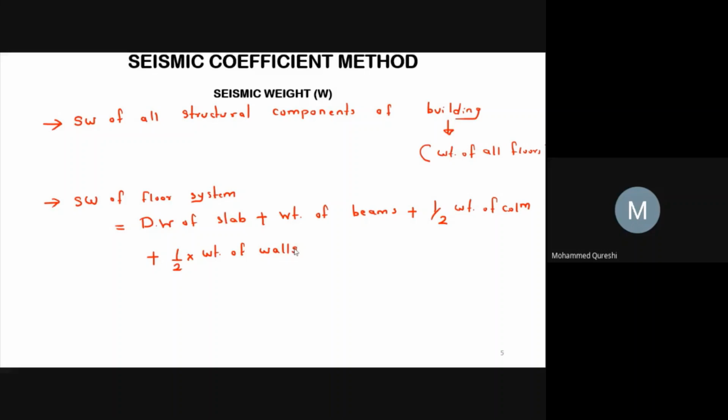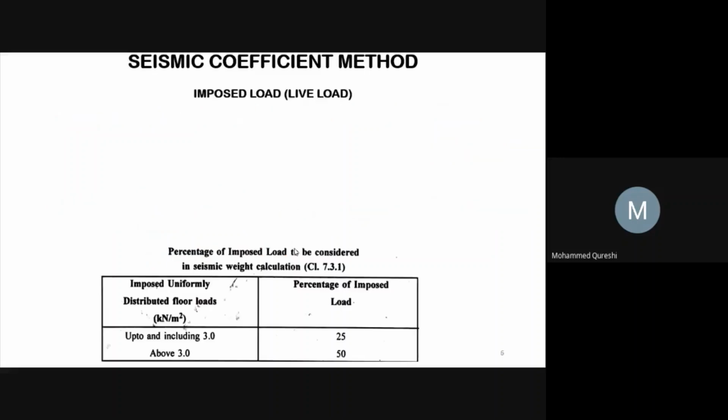So, in seismic weight, we have to include one more parameter, that is imposed load, live load. As per IS 1893 Part 1 2002, Clause 7.3.1, the percentage of imposed load is to be considered in seismic weight calculation. This table is given in IS 1893.